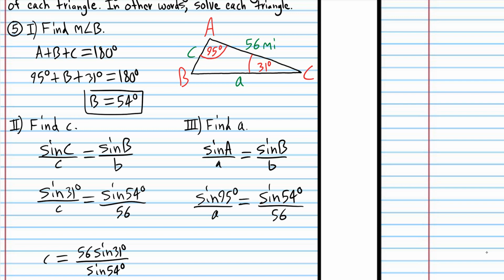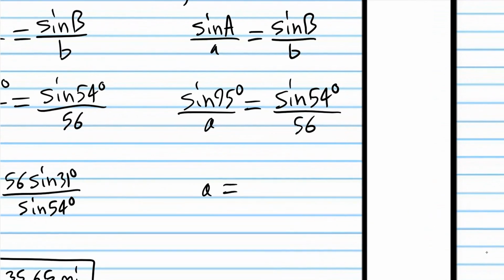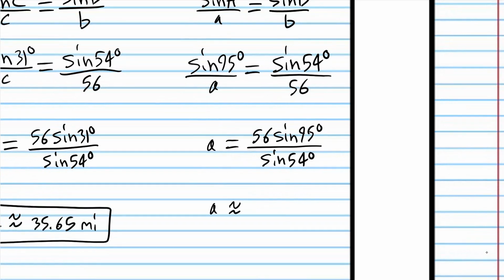So A is equal to 56 times sine 95 degrees over sine 54 degrees. So 56 times sine 95, enter, divided by sine 54, enter, is 68.96 miles.